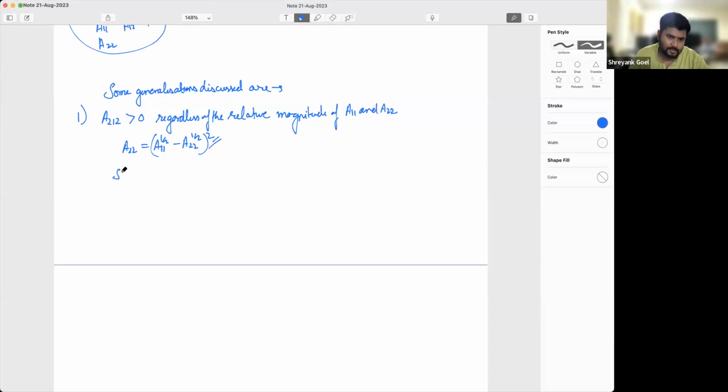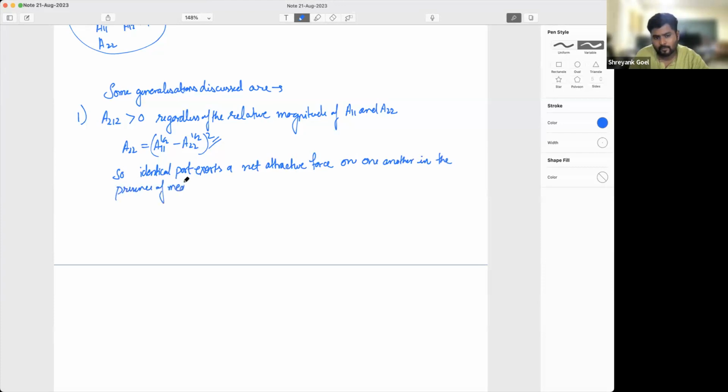So we can say that identical particles exert a net attractive force on one another in the presence of a medium as well.